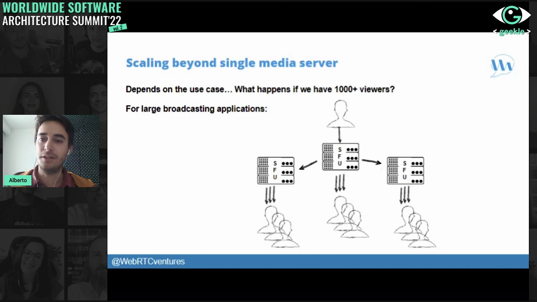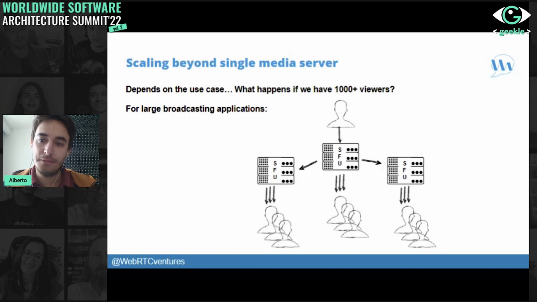We would be reaching basically the limit of the vertical scalability of the servers. And this is how you can solve this problem. That's one high level representation of how you can do it, by distributing the traffic. So having maybe in this case an SFU, although it could also be an MCU. We have a server receiving video or audio, the publishing server.